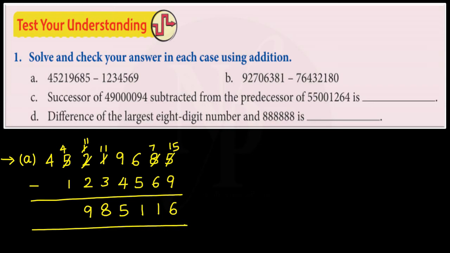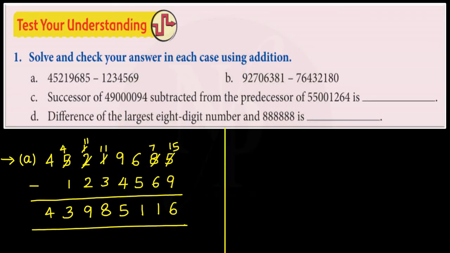And subtracting 1 from 4, you get 3. So 4 is brought down as it is, since there is no digit below to subtract. So the difference we obtained is 4,39,85,116.